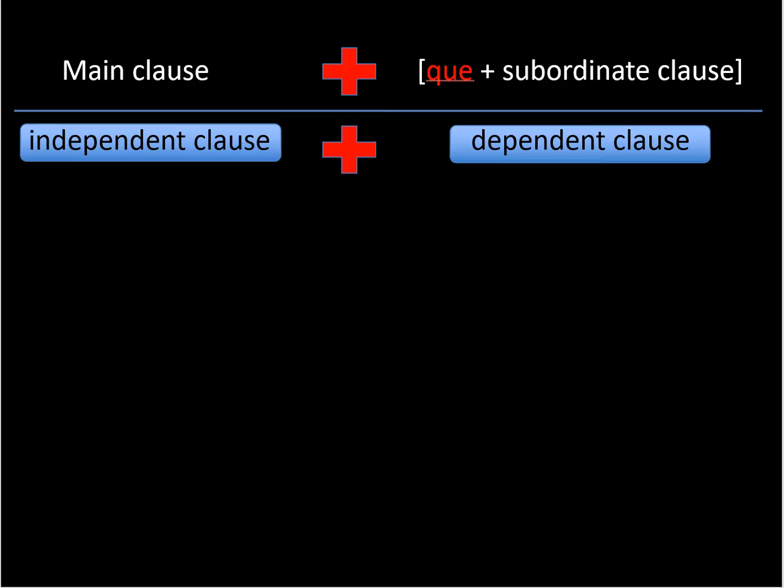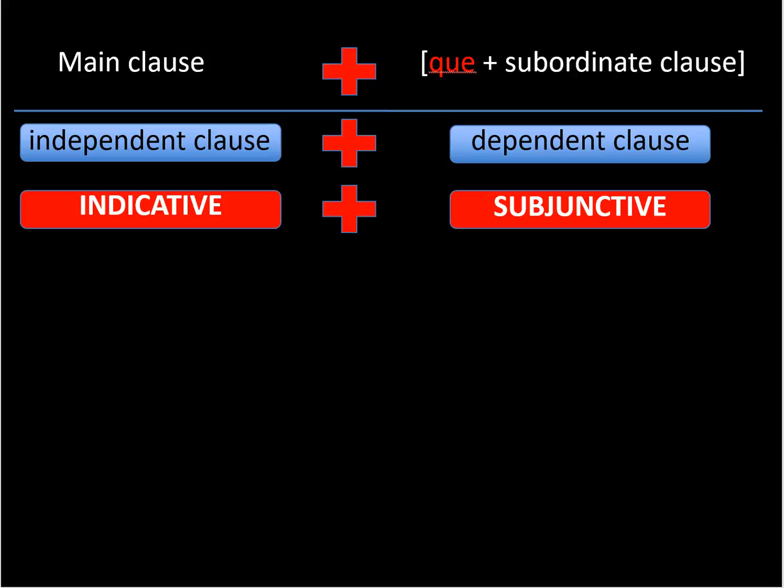Continuamos. We have a main clause with a dependent clause, as we just looked at, with a que. Now, in the main clause, before the que, we're going to use the indicative form. What is the indicative? Everything you've learned so far.